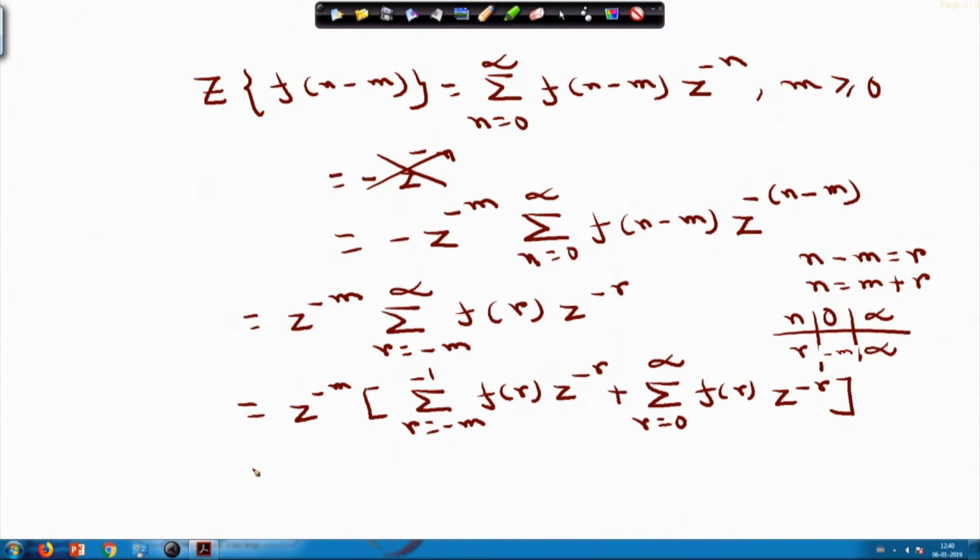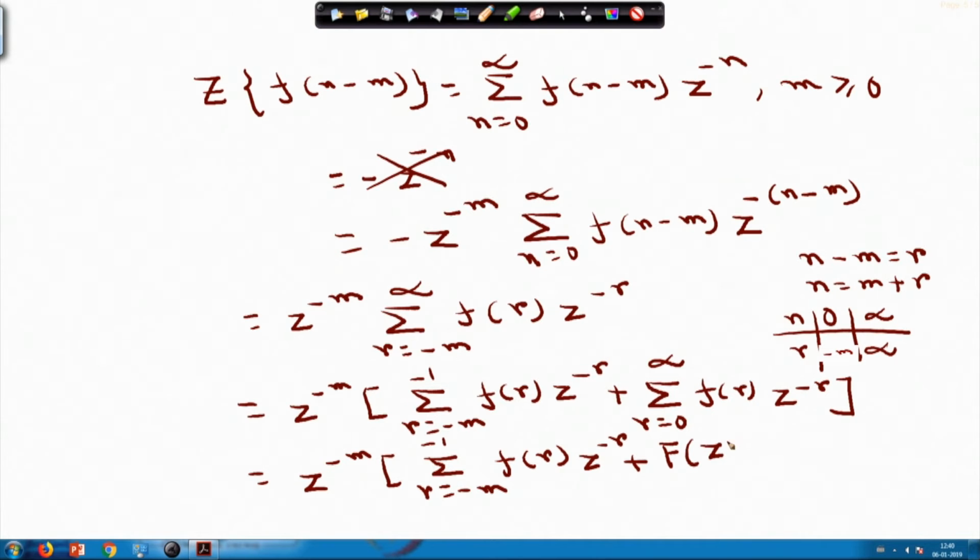The first part remains as it is, and the second part is actually the Z transform of f, which is capital F z.